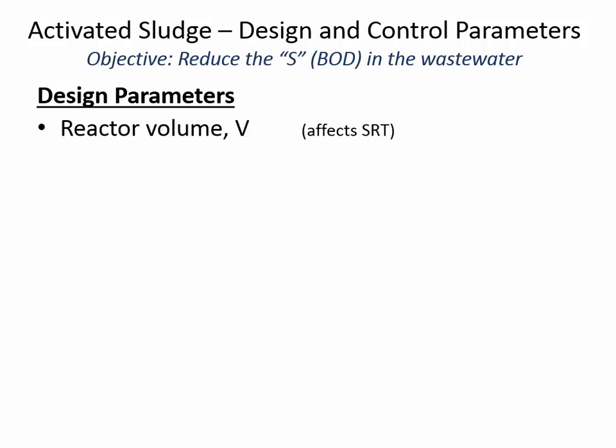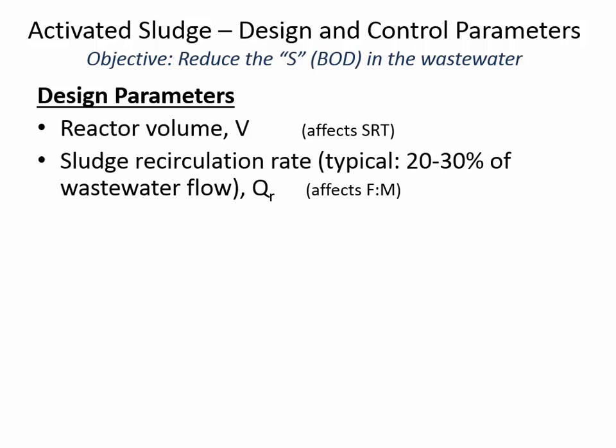So we can adjust the reactor, and when we do that, it has an impact on the solids retention time. We can design in advance, and actually some of these things can be changed on the fly by the operator, and certain things can't. The operator can't adjust the reactor volume. The tank size is fixed when the plant is constructed.